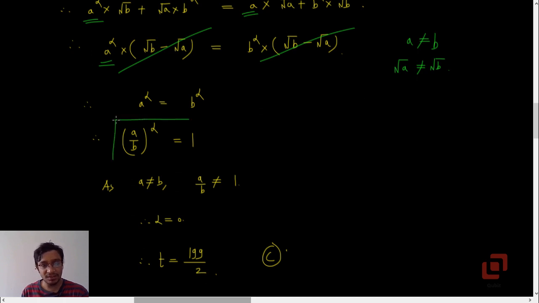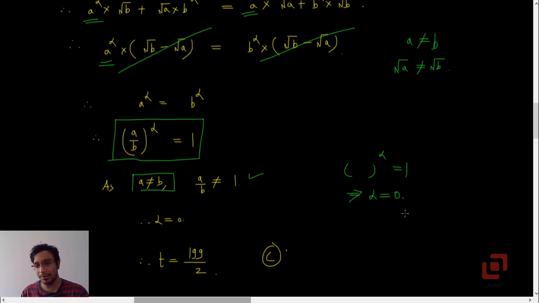Now from this relation, what can we conclude? Because a and b are distinct, a upon b can never be equal to 1. So if a upon b is never equal to 1, any number whose alpha power is 1 implies that alpha must be equal to 0.